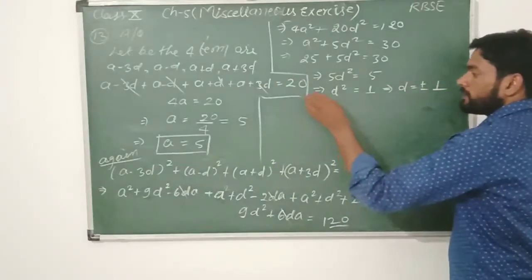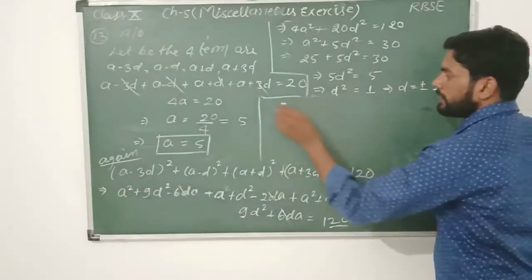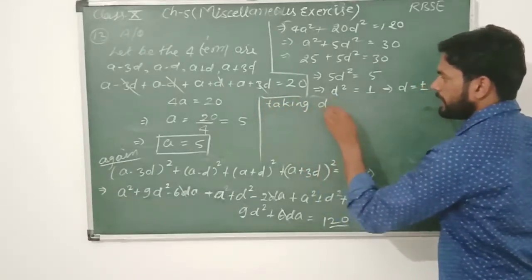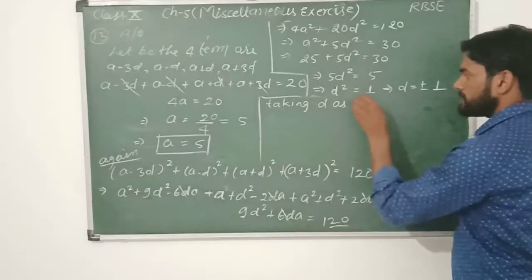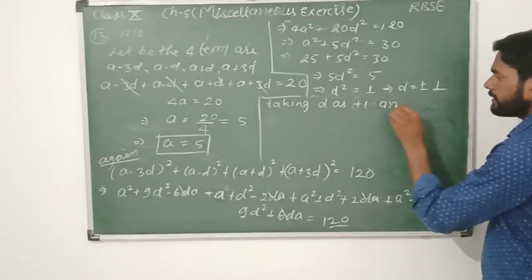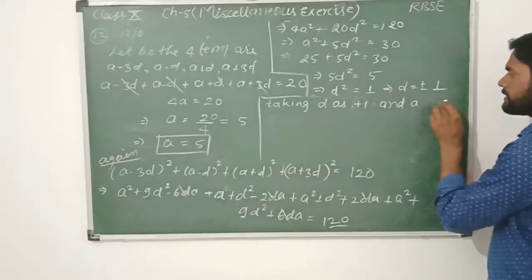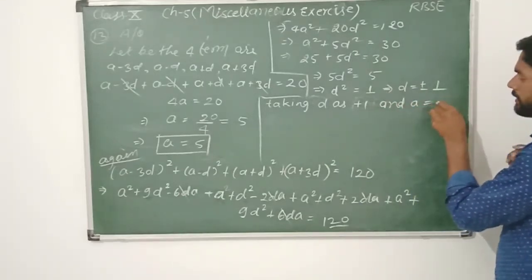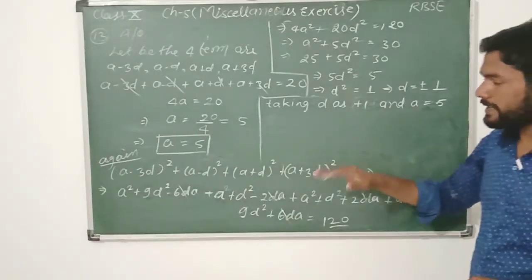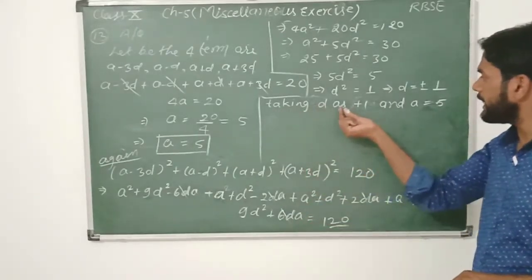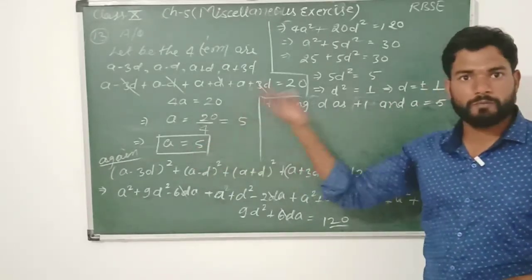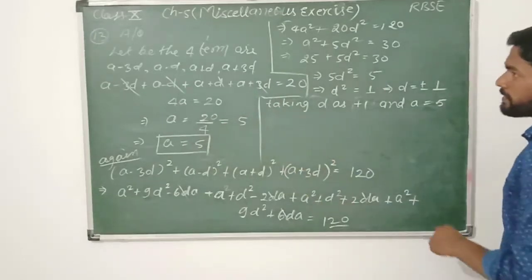So first of all we will select the positive value of d, taking d as positive 1, and a is 5. In the first case we will solve with this, and the second case we will solve taking d as negative 1, and a will remain the same for both cases.